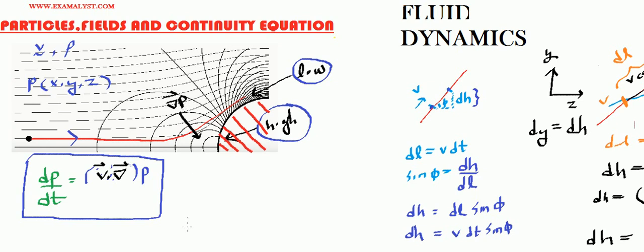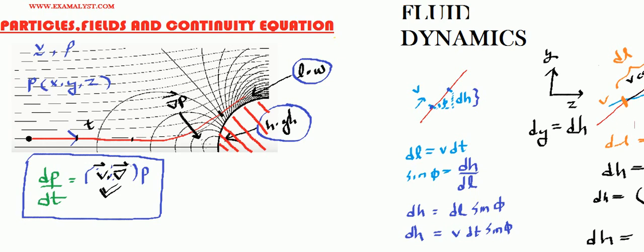It's a very useful operator. v dot del tells us that as the ball moves through this part in time, it will experience changes in pressure. Pressure here and here and here will be different.